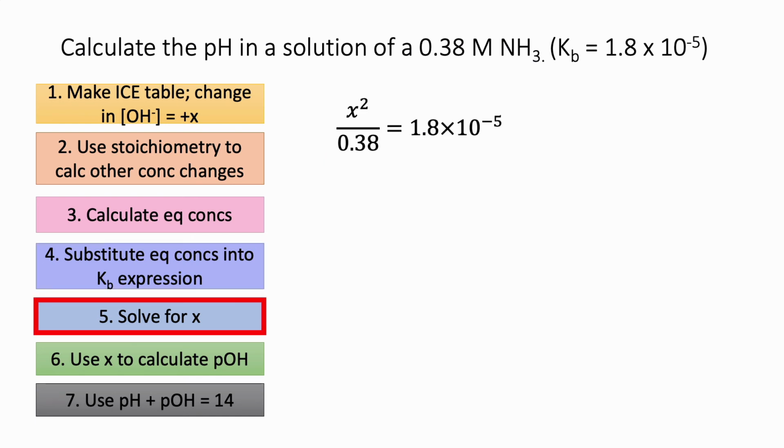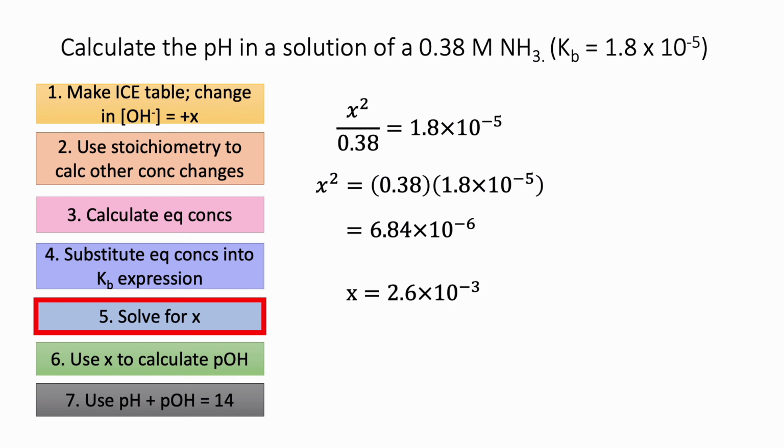So x squared over 0.38 equals 1.8 times 10 to the minus fifth. Multiply both sides by 0.38. And then x squared is going to be 6.84 times 10 to the minus sixth. We take the square root and get that x equals 2.6 times 10 to the minus 3.